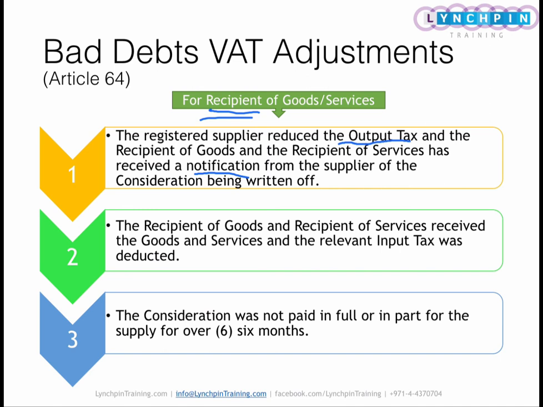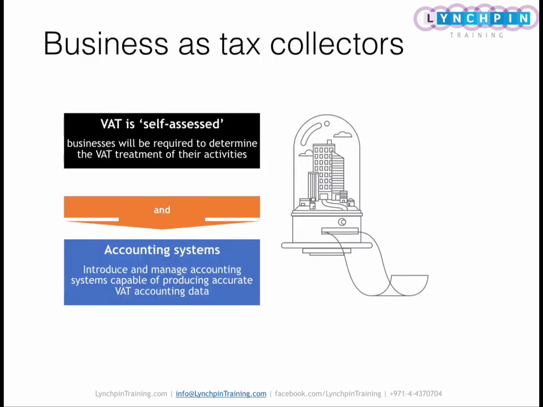In this case, you have already received the services or the items from the client, and you have already claimed your input VAT, which also means that you have already filed the VAT return. Next condition is again the same, that it has been more than 6 months that you have not paid in full or in part the value of your supplies.